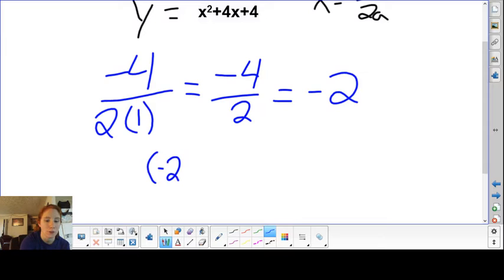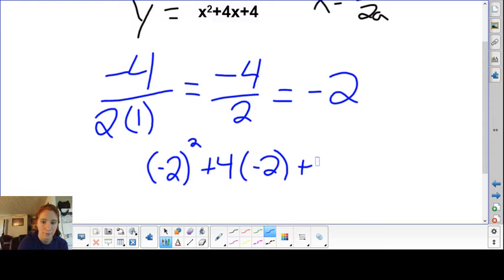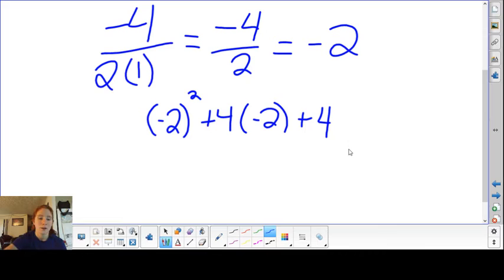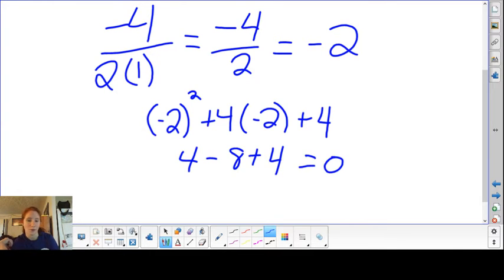So negative 2 squared plus 4 times negative 2 plus 4. That gives me 4 minus 8 plus 4, which is equal to 0. So my vertex point is at negative 2, 0.